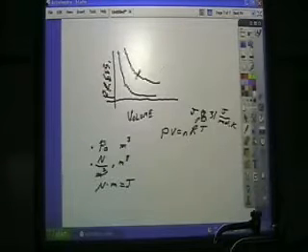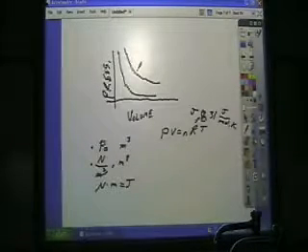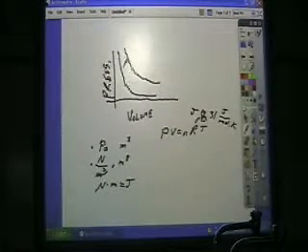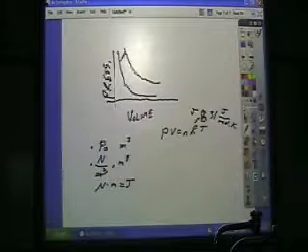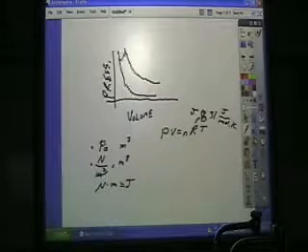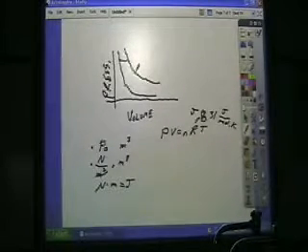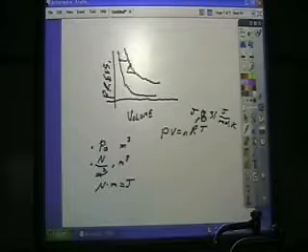What we are most likely going to be working with is an isothermal situation, and let's say we've got an isobaric situation as well. A horizontal line there, and let's say we'll have another isobaric situation here.